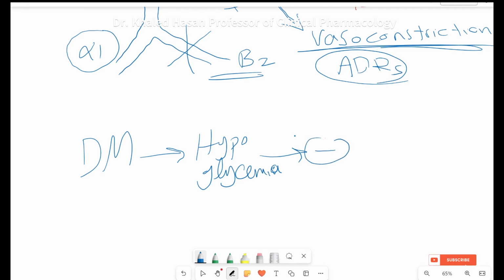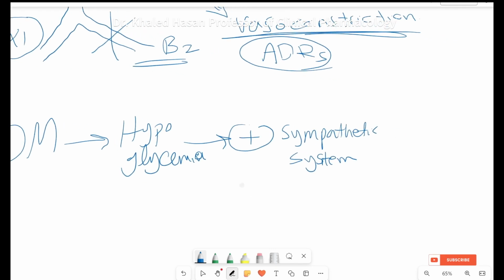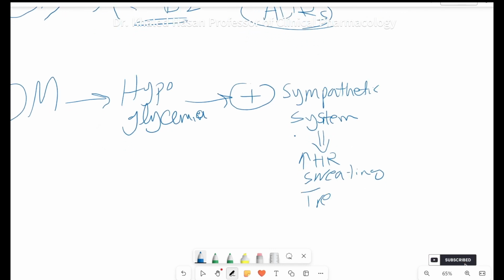This will lead to activation of the sympathetic system. So activation of the sympathetic system will lead to increased heart rate, palpitation, sweating, a tremor. So all these are related to the activation of the sympathetic system. That makes sense for us.